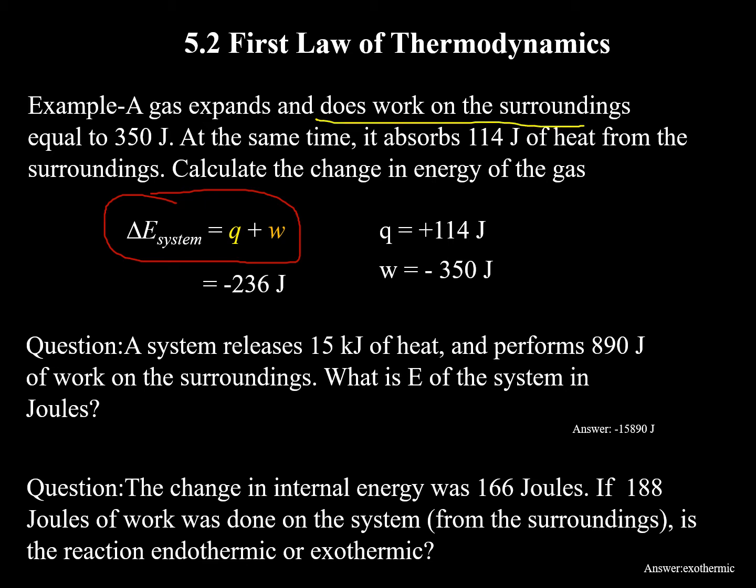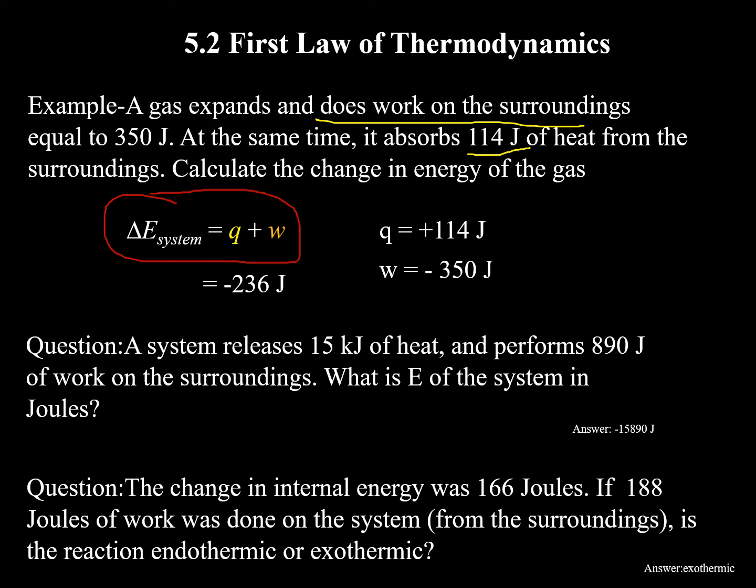So that would mean from our definition, or the way we define positive and negative, the W would be negative 350 joules. And if it absorbs energy here in terms of heat, it would be 114 joules. The Q would be positive. When we add the two numbers together, the change in internal energy is negative 236 joules.